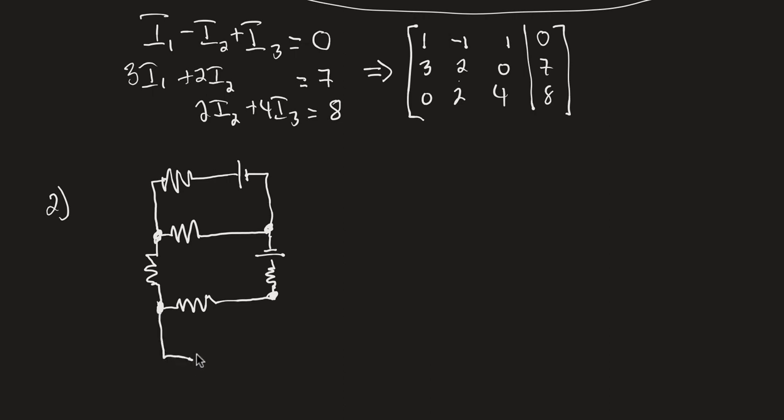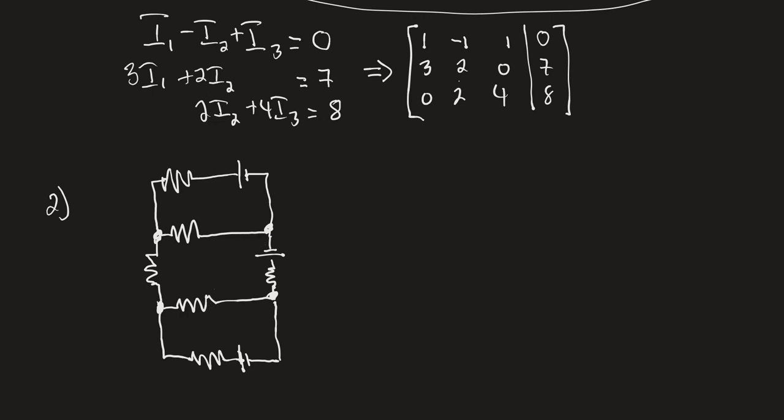So down here, here is our resistor, another battery right here, and then we close it. There we go. So this particular circuit has 6 resistors and 3 batteries, and we're going to set it up and solve.